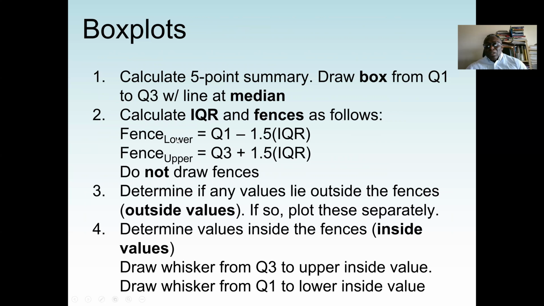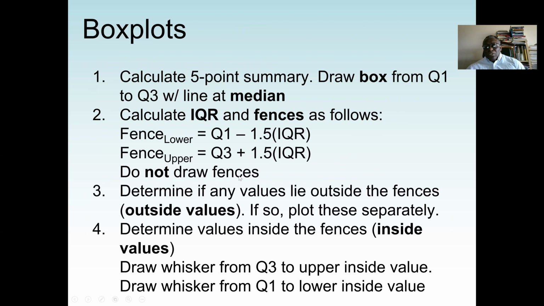Lower fence means the minimal outlier data, and upper fence means the maximum outlier data. So lower fence will be Q1 minus 1.5 IQR, and upper fence will be Q3 plus 1.5 IQR.